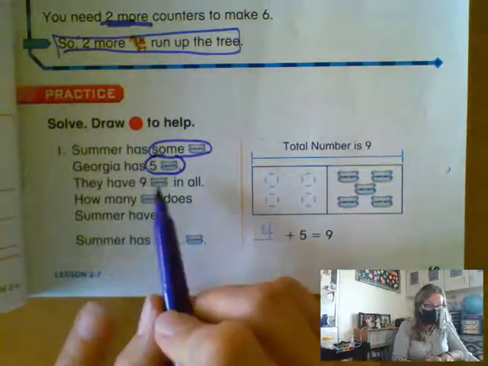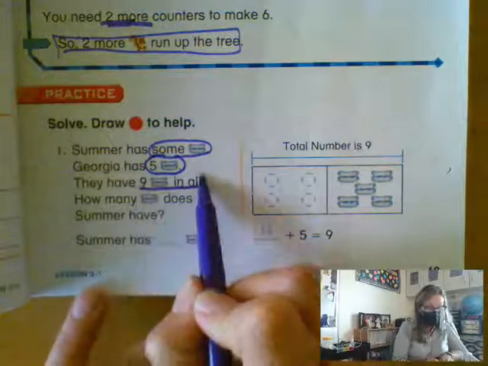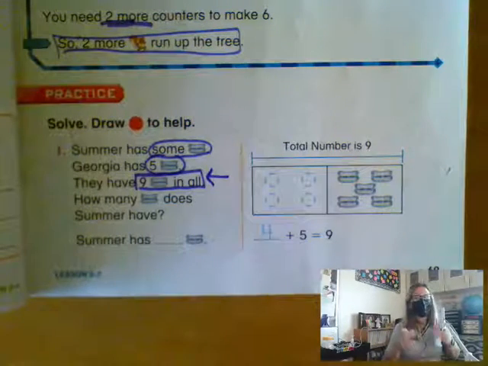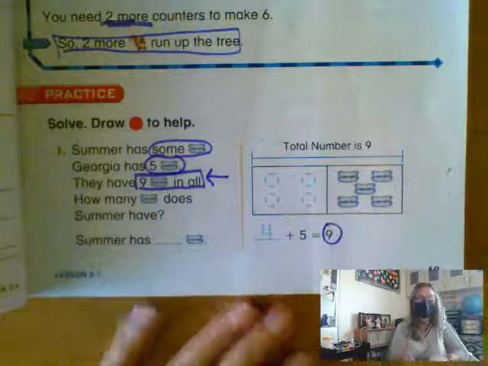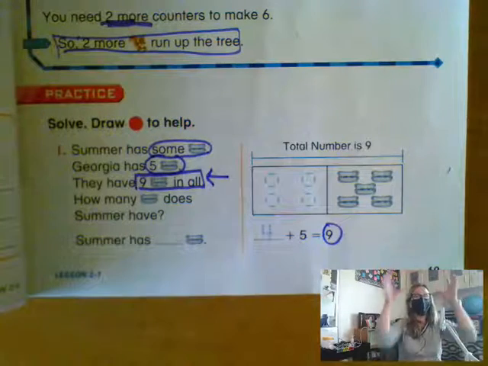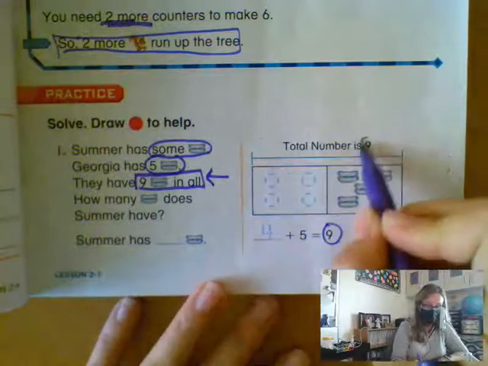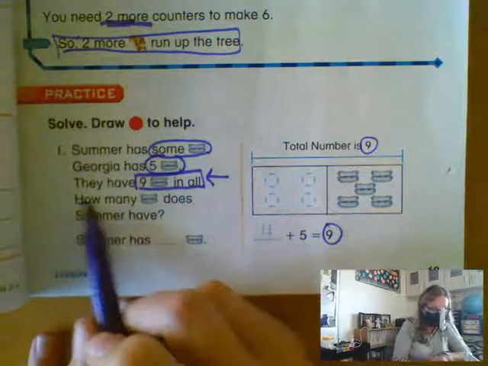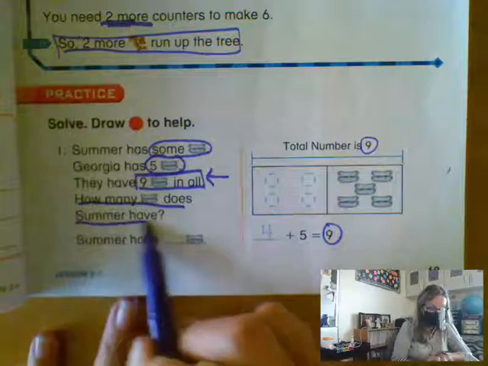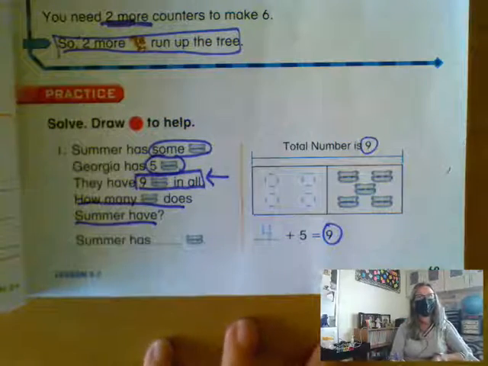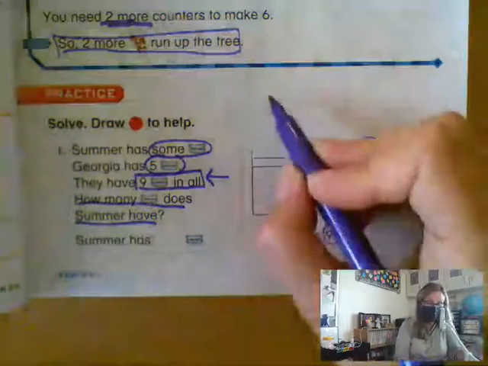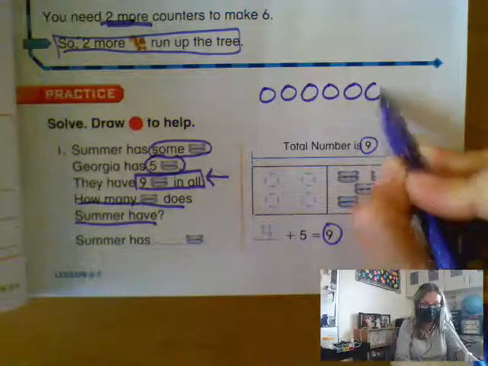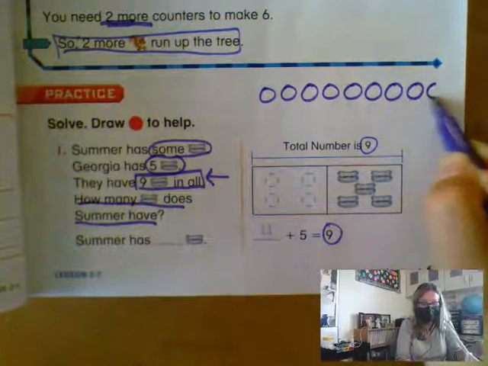Then it says they have 9 in all. So this 9 in all, that's our sum. That's our total. Right here, that's our in all. That's our whole. So our whole is 9. So now they're asking, how many tickets does Summer have? Well, we know altogether they have 1, 2, 3, 4, 5, 6, 7, 8, 9 tickets.